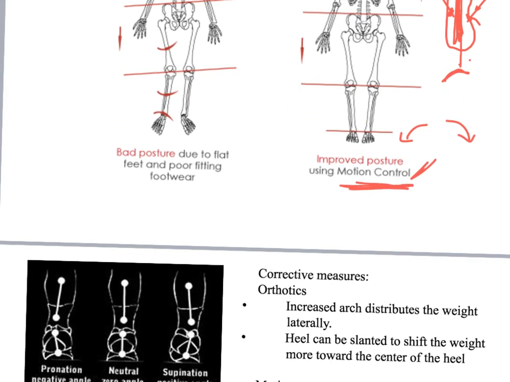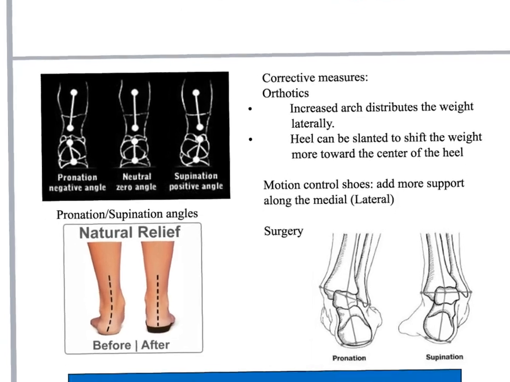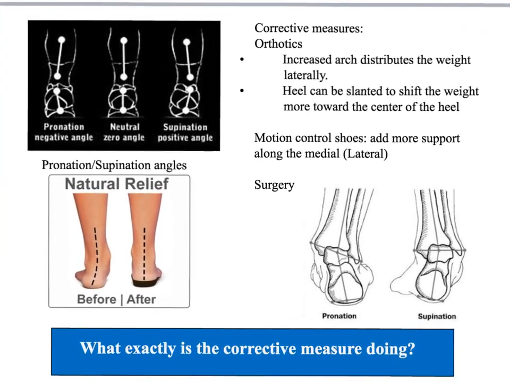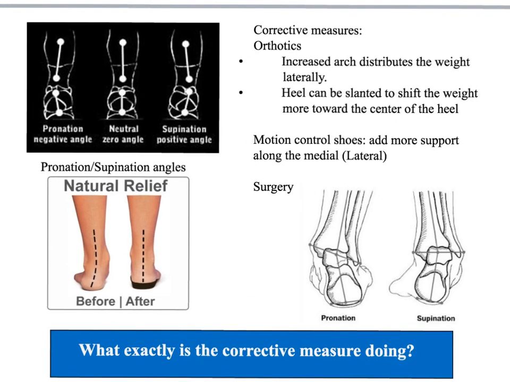So if shoes don't work, you can get orthotics made. Here's a picture of your before and after. Here's your before, and you're rolling inward. These are specially made orthotics.